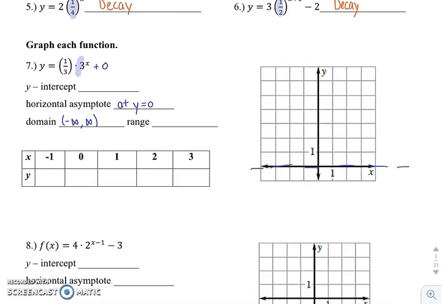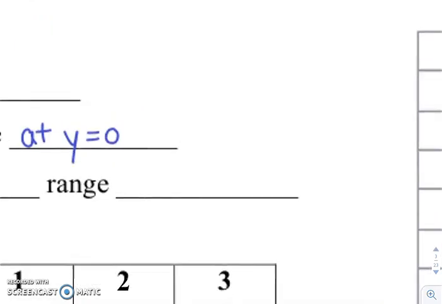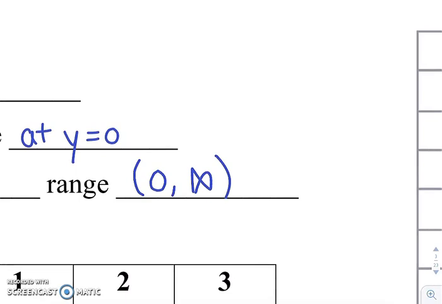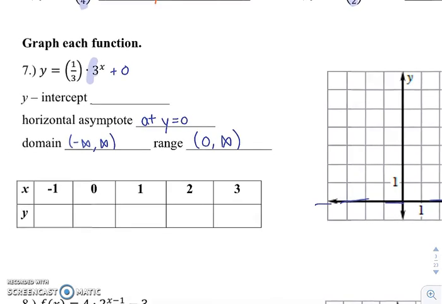And I know that this one's going to be above, so the range is going to go from that asymptote to positive infinity. Remember, it just approaches that asymptote, so we're never actually touching it. We're never going to get to that value of 0. We're just going to get closer and closer to it. So for domain and range, you're always going to have parentheses. No brackets are ever going to be included in these.